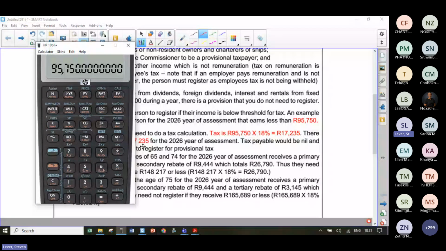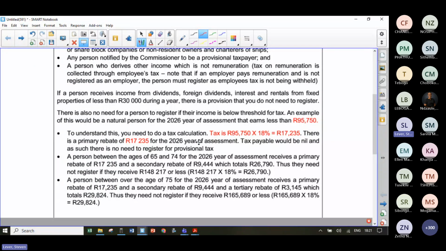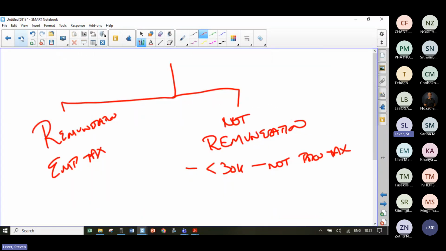Because if you earn 95,715, you will pay tax at 18%. You'll get a primary rebate of 17,235, and you will not have to pay any tax. So you don't need to register if you are below the threshold. So no registration if below threshold.